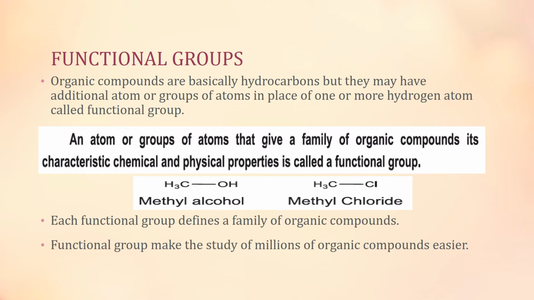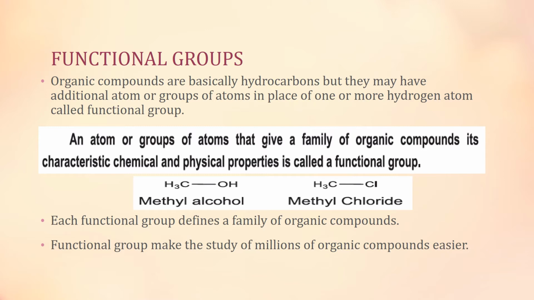Due to the presence of the functional group, an organic compound will behave in a different manner. It will show specific characters. It means the properties of the organic compound are due to the presence of that particular atom or group of atoms. That atom or group of atoms, due to which the organic compound shows particular chemical and physical properties, is called the functional group.